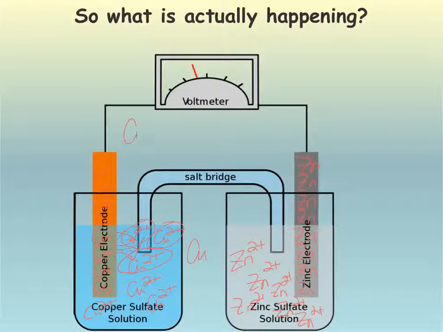So I'm going to rewrite our equations just so we all remember what's going on. Okay, so they are turning into elemental copper. Elemental copper is a metal. So all these little coppers in solution, they are attaching to this copper electrode, okay? Now, zinc, on the other hand, zinc is being oxidized. So that means zinc is losing electrons. So this was our equation. All right, 2 electrons.